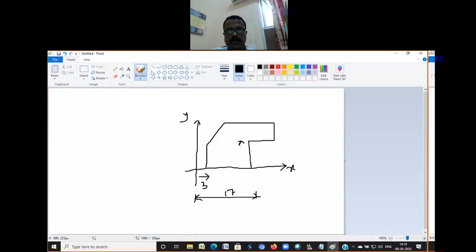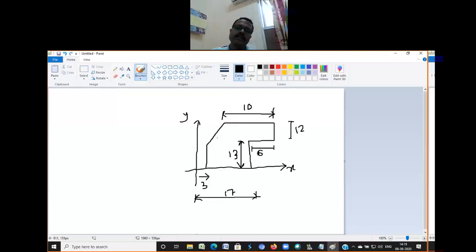This one 13 millimeter. This one 6. This height is 12. From here up to here, suppose 6, 17, maybe 15. Oh, let us keep it as 10.